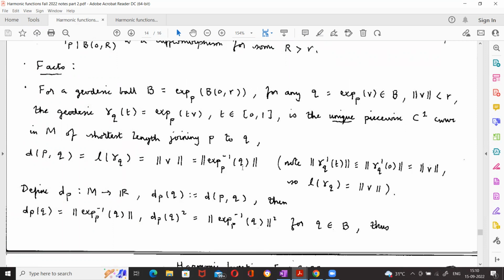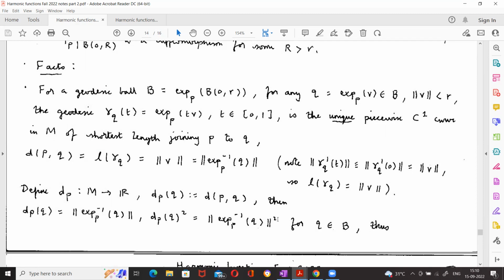If I look at this function d_P as a function on the manifold, d_P of Q is the distance from P to Q, then d_P of Q is the norm of x_P inverse of Q, and d_P squared is the norm of x_P inverse Q, whole squared.